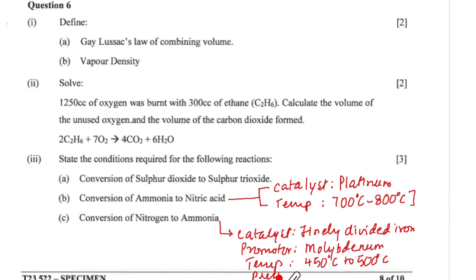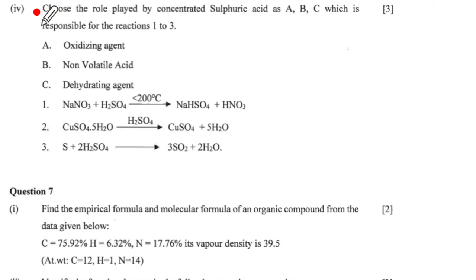What is the pressure? It is 200 to 900 atmosphere pressure. So you will see, although we had to write so much, each one of them is for 1 mark each only. Now we come to the fourth subpart of question 6.